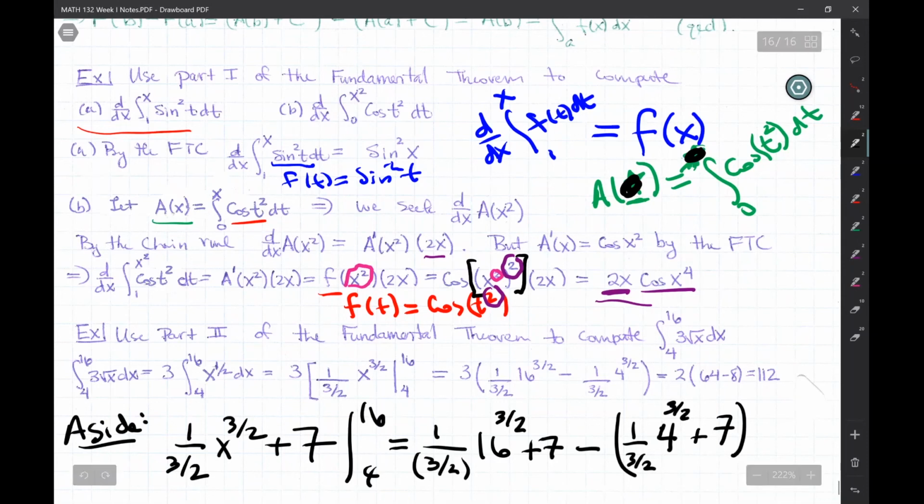And notice something here. That 7 would cancel with that 7 once you distribute the minus sign, and you just end up getting 1 over 3/2 times 16 to the 3/2 minus 1 over 3/2 times 4 to the 3/2. Okay? So you end up getting that same expression inside the parentheses. We factored out the 3, so we didn't want to simplify.